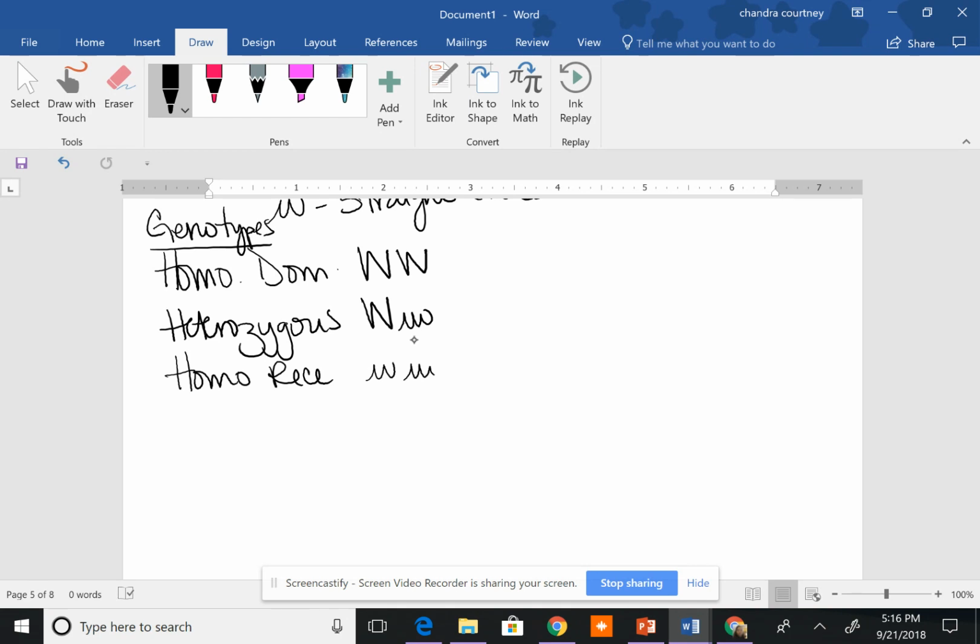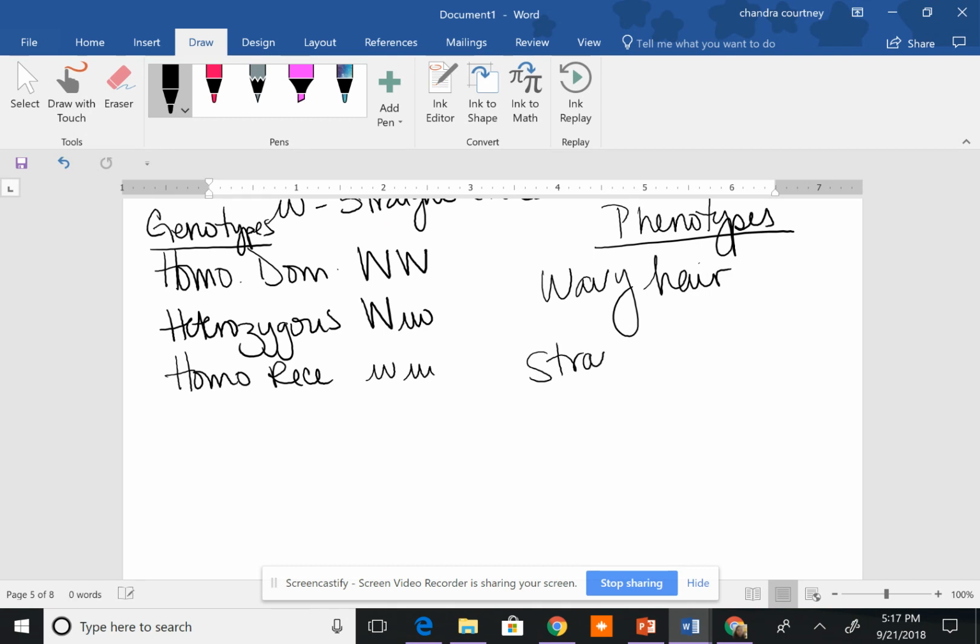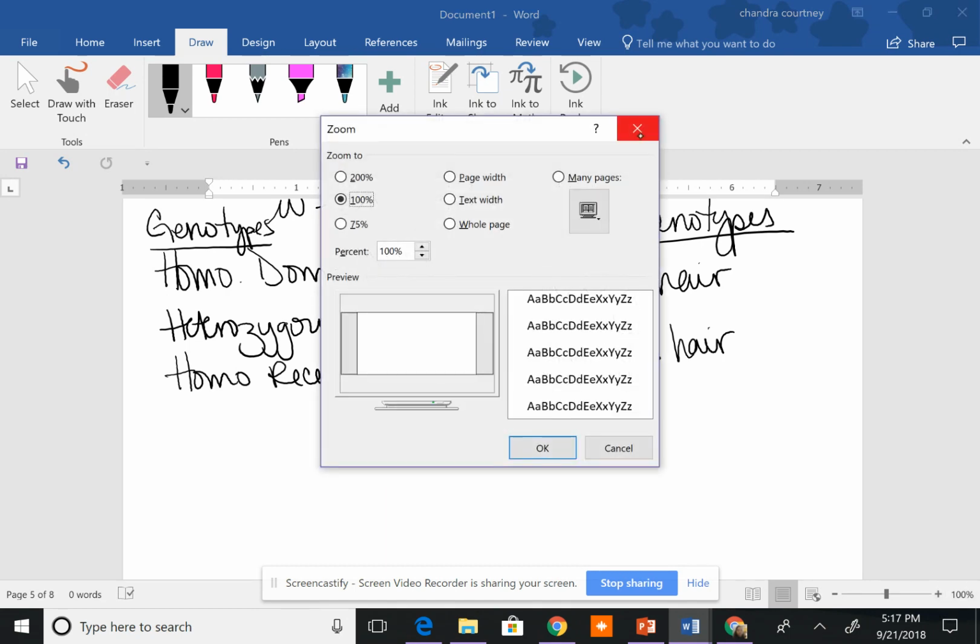For your phenotypes, you just have two options, at least with this type of genetics. When we get to actual genetics, we'll talk about some exceptions to the rules. But for this type of genetics, you can be wavy haired or straight haired. Those are the only two options. To be wavy hair, you can have two different options in terms of how your alleles arrange themselves.